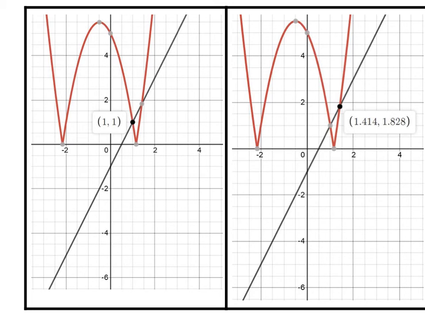You'll recall that we had one solution of x equals 1. That is this solution right here. Where's that solution coming from? Well, you'll note it's on this portion of the absolute value function.